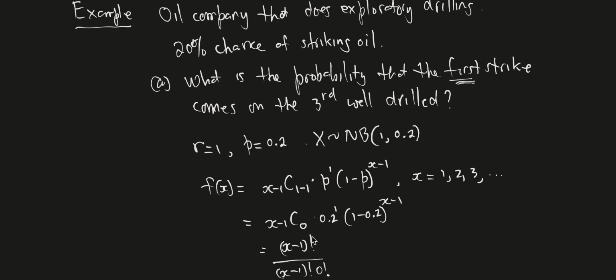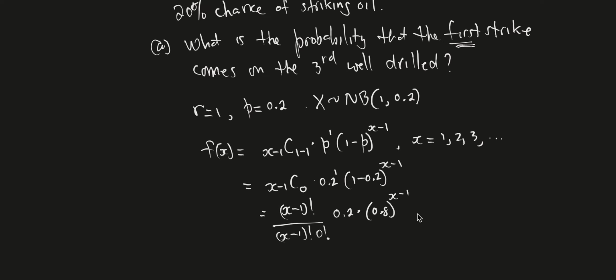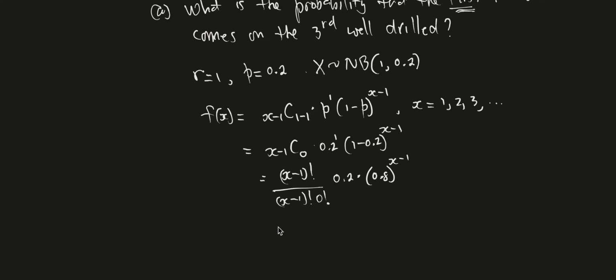So the x minus 1 factorial goes away. You have your 0.2 to the first power, and then your 0.8 to the x minus 1 power. So the PDF simplifies to 0.2 times 0.8 to the x minus 1.